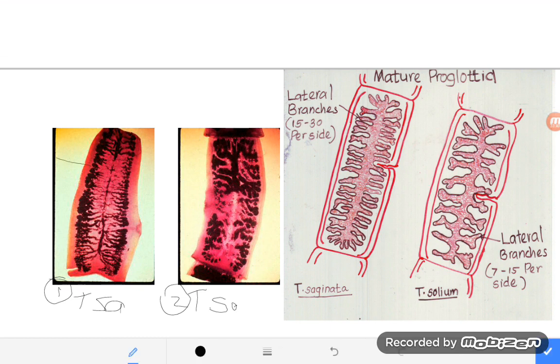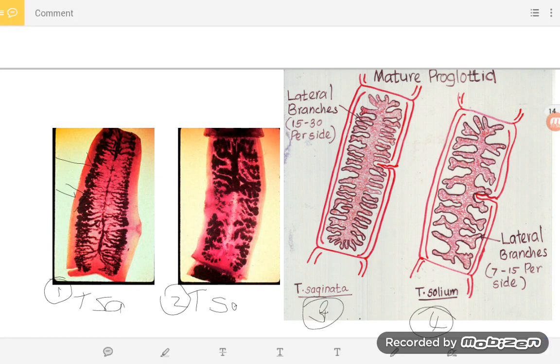In the third and fourth pictures, in Taenia saginata each side has more than 15 lateral branches, while here each side has less than 13.